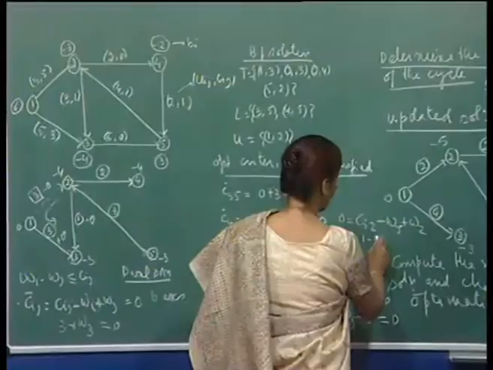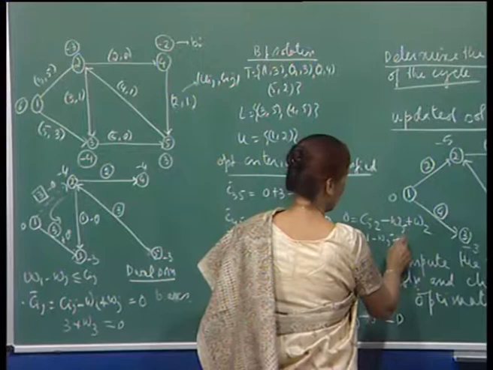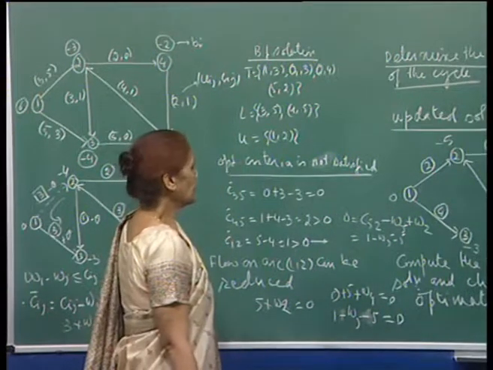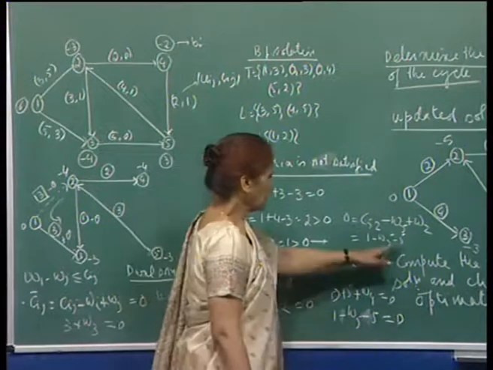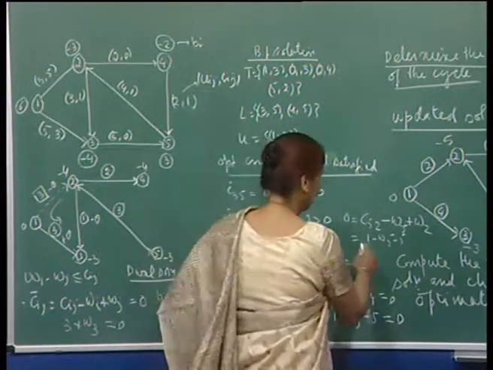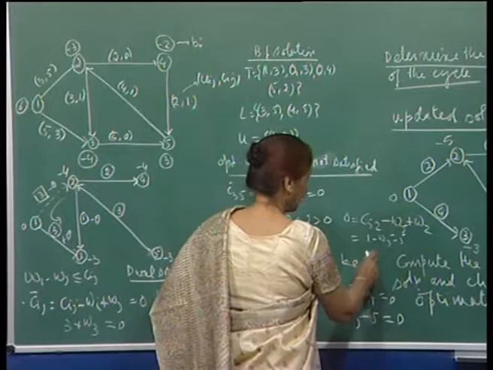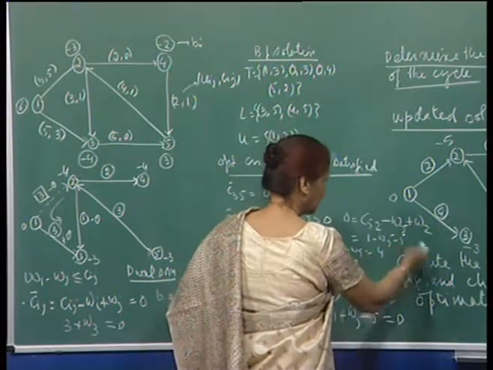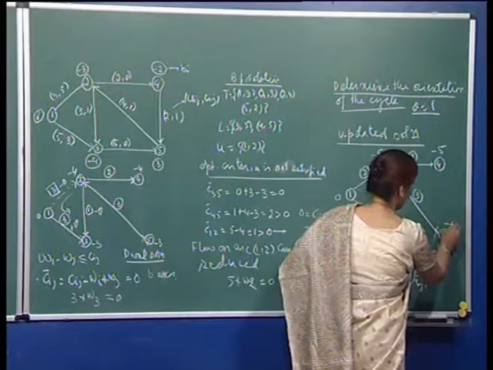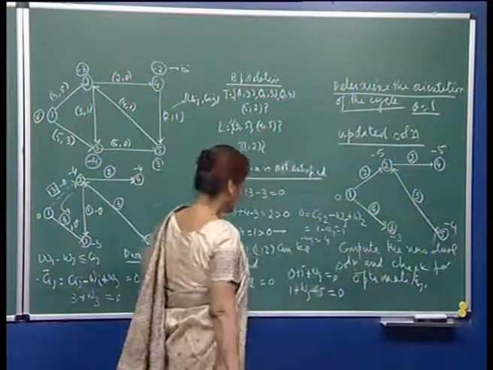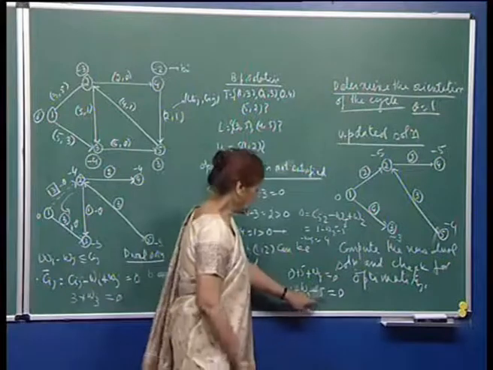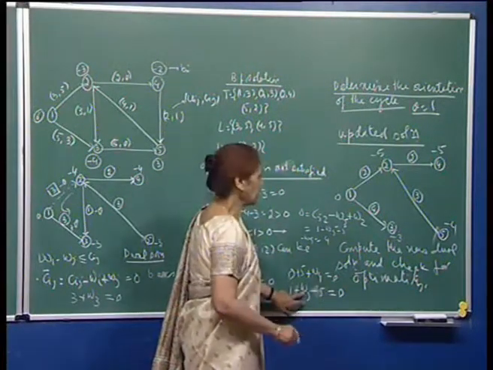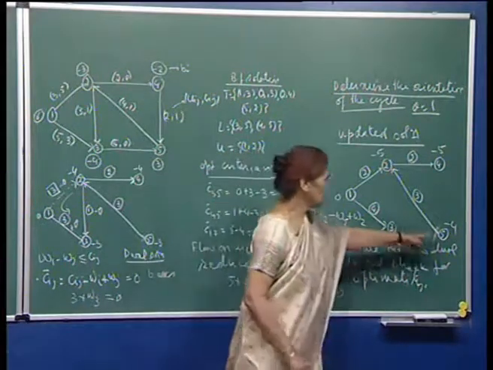So, 1 minus W5 minus 5, right. So, minus W5 is equal to 4, and so W5 is minus 4. You see, the positive number should worry me, because this is minus 4, when you take it to this side it becomes 4. So, minus W5 is 4, therefore, W5 is minus 4.